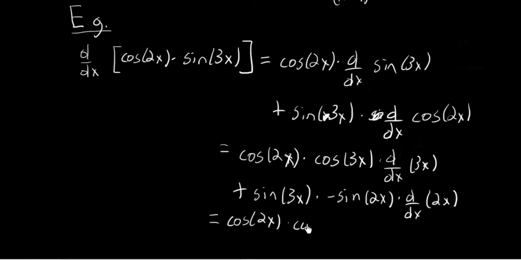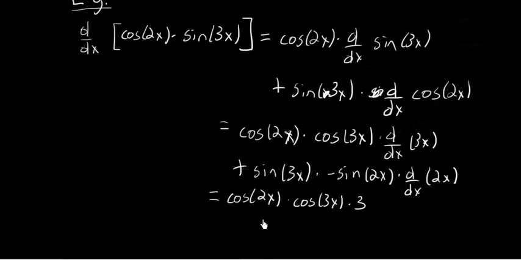So cosine of 2x times cosine of 3x times 3, and then minus sine of 3x times sine of 2x times 2.